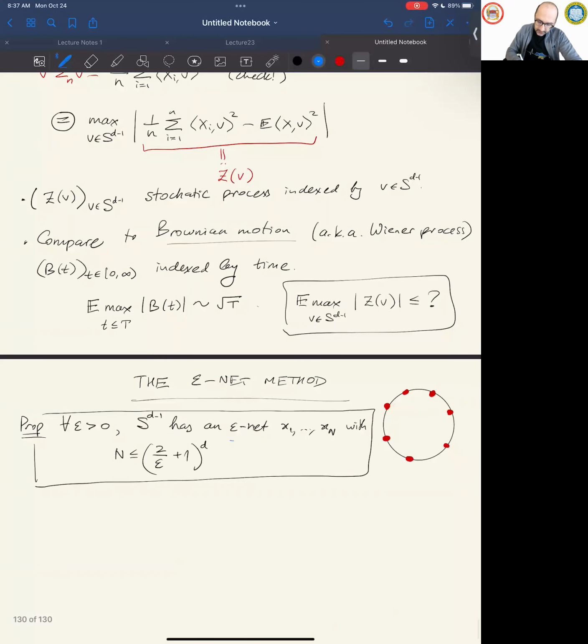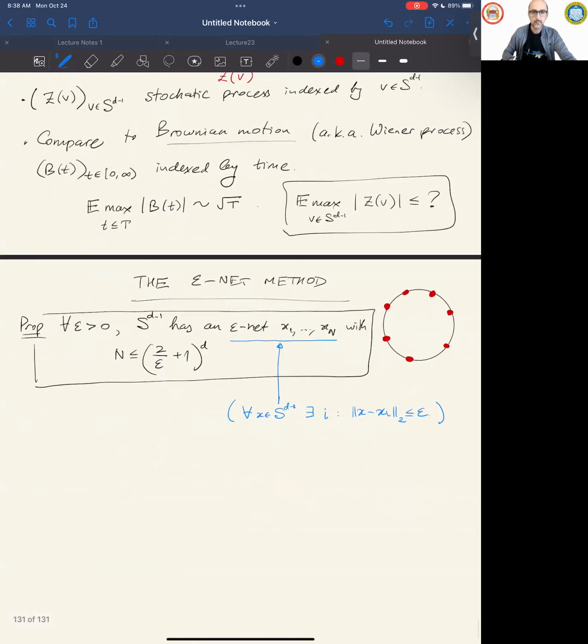Formally, what the epsilon-net means here, it means that any point on the sphere can be approximated by a point on the net. So for any point in the sphere, there exists a point on the net, which is epsilon close in the Euclidean norm.